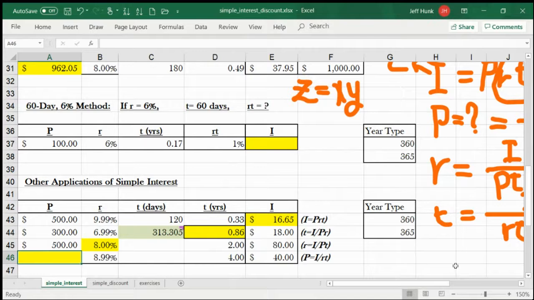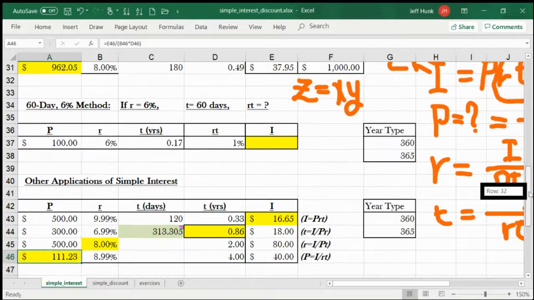Principal is then the same: interest over R times 4, the number of years. There you go. That should be the principal.